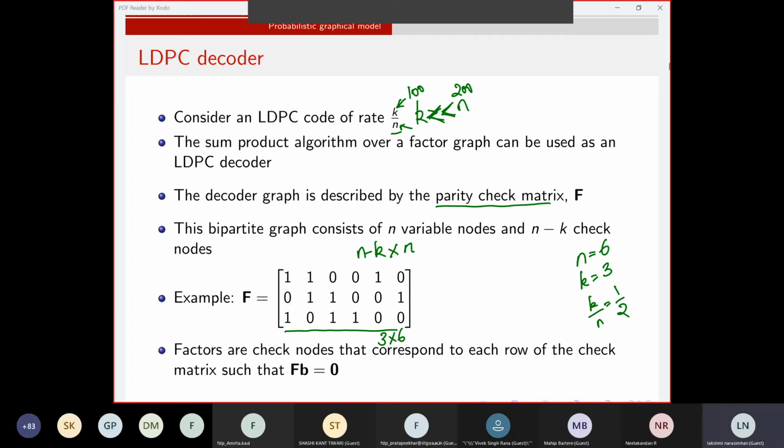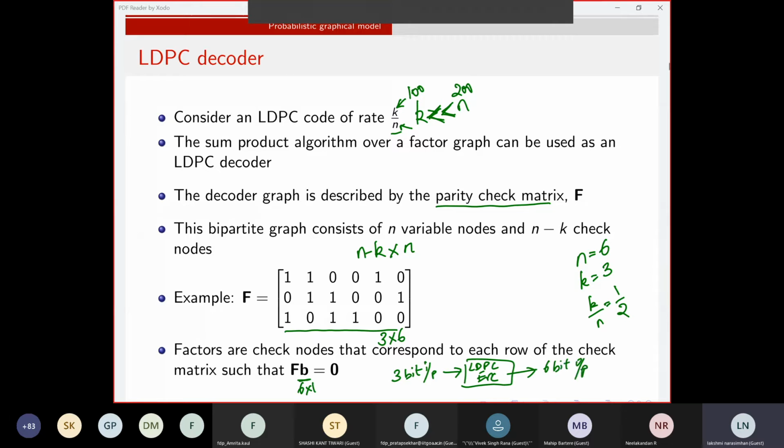Now this is one example of a parity check matrix. As you can see, there are a lot of zeros in it, and hence this is called a low density parity check code. The property of the LDPC code is that if someone gives you a 3-bit input, and that is given to an LDPC encoder, you get a 6-bit output.